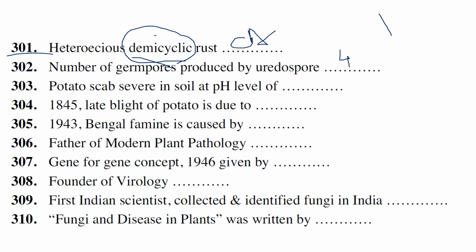That is pycniospore, aeciospore, urediospore, teliospore, and basidiospore. Each spore has a different number of germ pores. Here the urediospore produces 4. The different germ pores produced by the rust spores were mentioned in the mycology section. Generally the urediospore produces 4 germ pores.